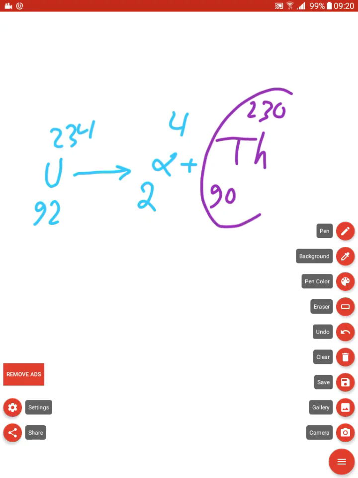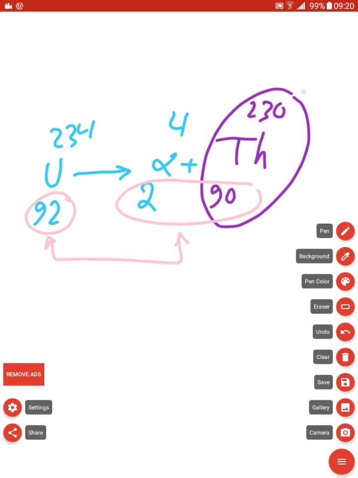No need to remember the name of this element. You just have to understand that the total number of protons before and after has to be the same, and the nucleon number has to be equal as well.